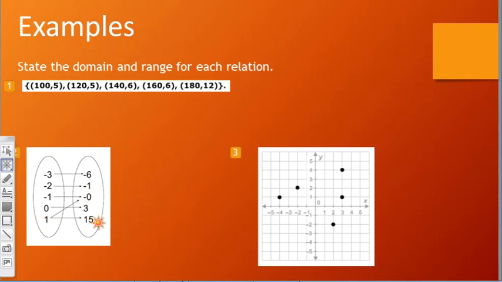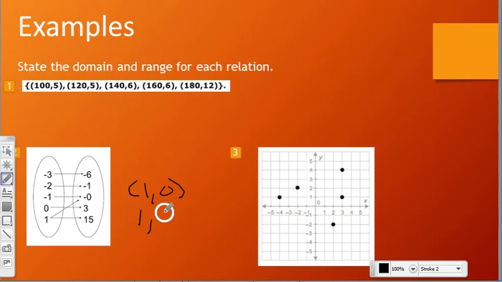So that would be two different ordered pairs there. That would be 1, 0 and 1, 15. Okay, so that x value of 1 is being paired with two different y values.